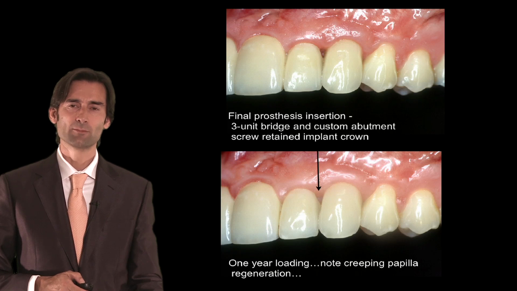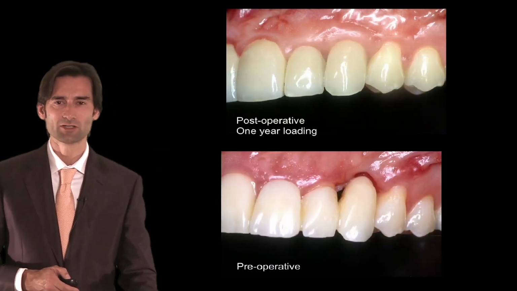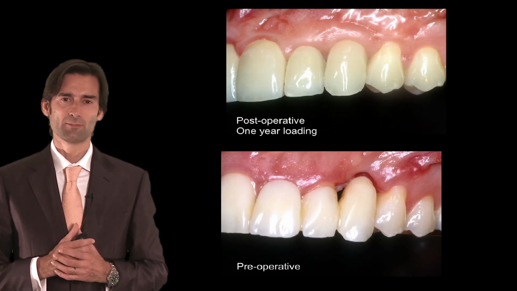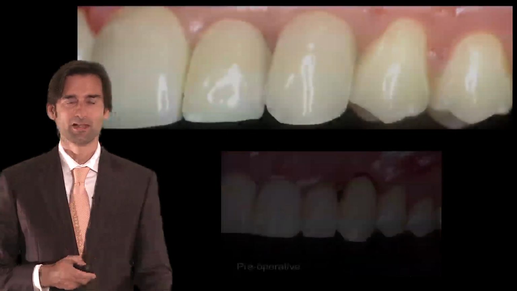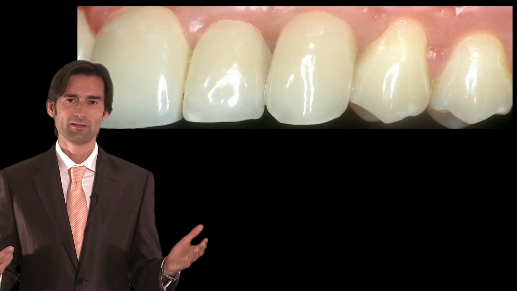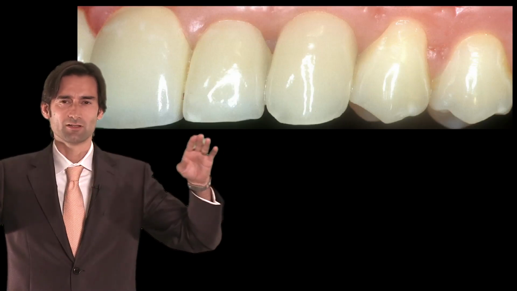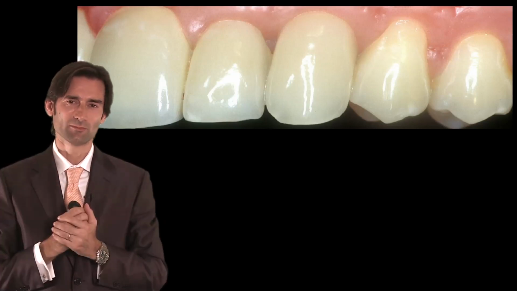So quite impressive to see how soft tissue likes to develop if you give it the foundation and if you give it the right restorative means. So here post-operative 1 year and the pre-operative as a comparison. And then here you can see the final result in this particular patient and think where it started from, and you can see almost like a perfect gingival margin from a standpoint of canine to central relationship and how deep it was before.